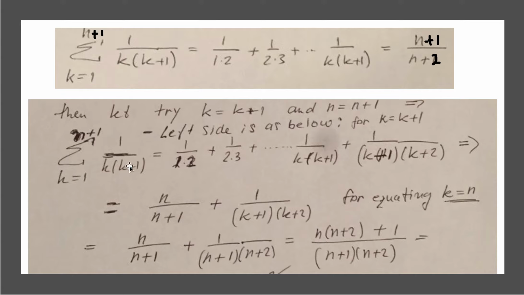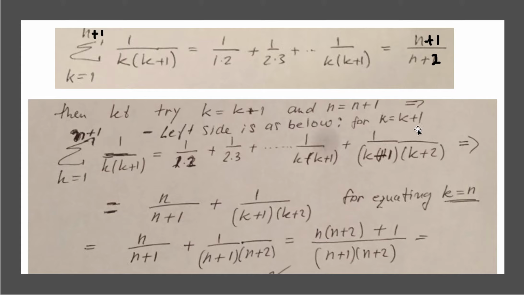When we prove this, we write the series in this form, from k equal 1 to n plus 1, and we are exchanging here. What we get is that we are adding one more term, 1 over k plus 1 times k plus 2.